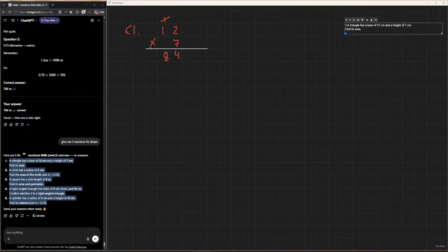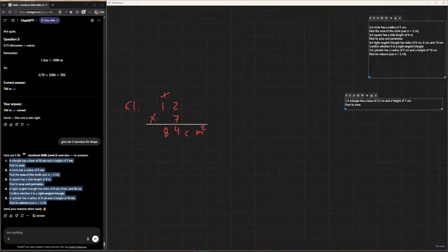So 84, and we need to write centimeter squared, because it's two sides. That's basically what it means. Alright, now moving on.